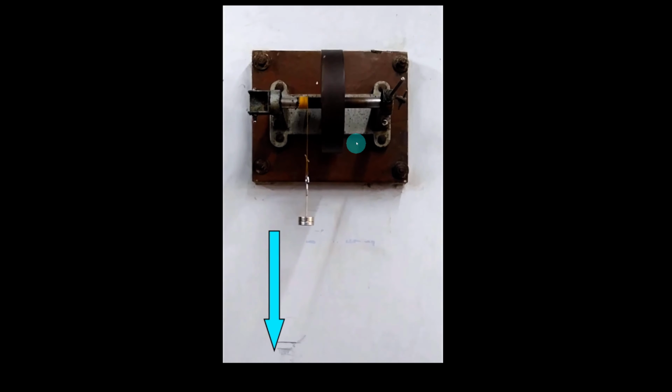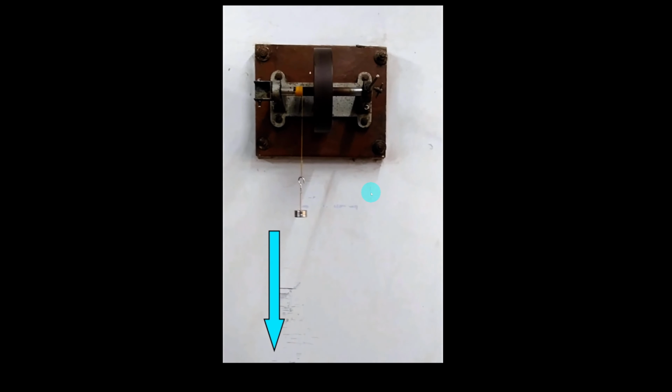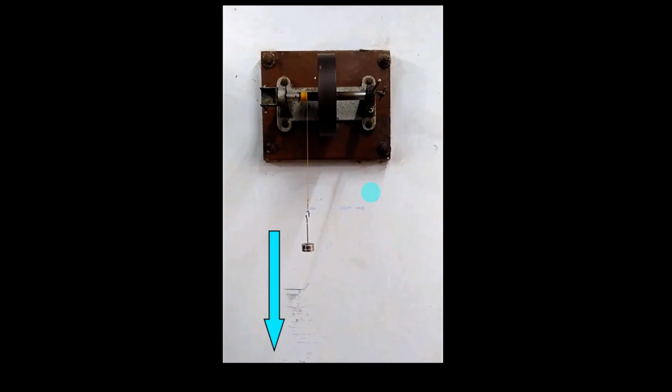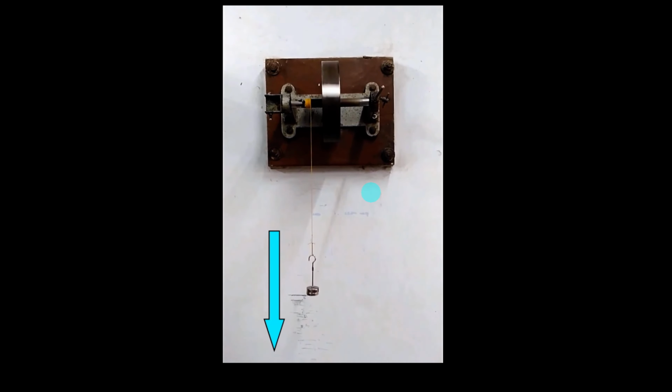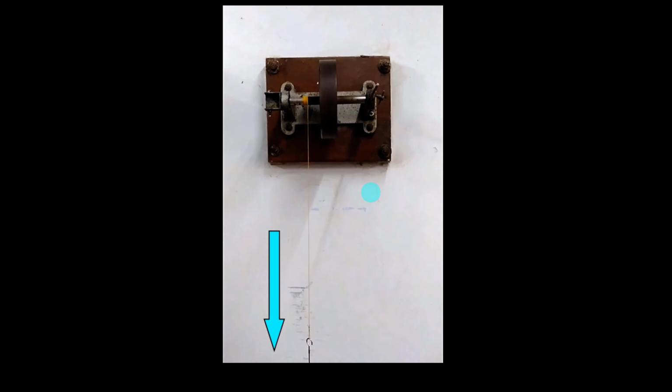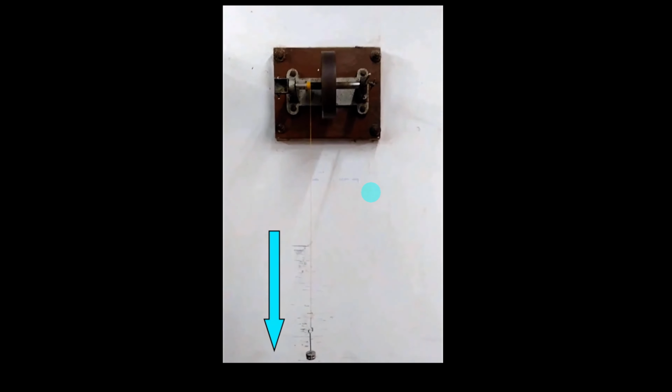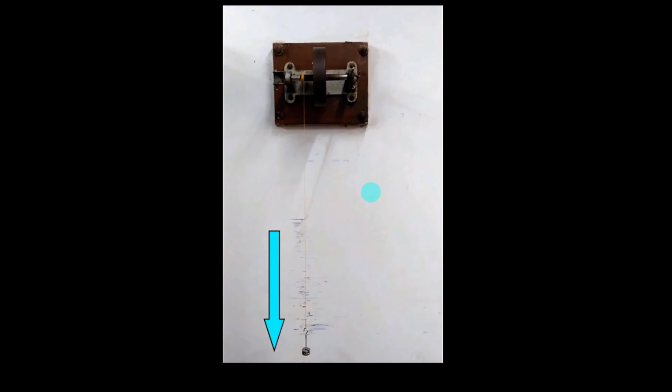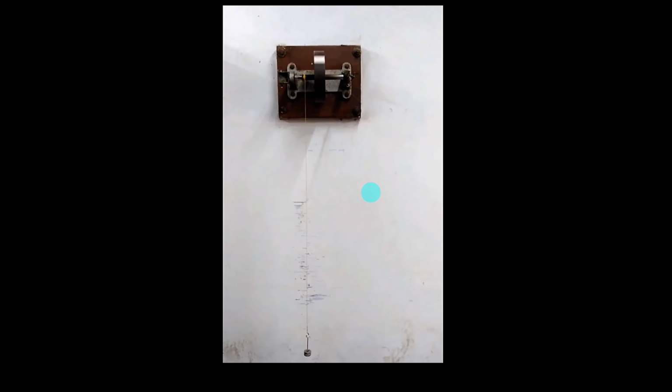When you perform the experiment, all the potential energy is transferred to the wheel and converted to kinetic energy. That is why the wheel starts to increase its speed.